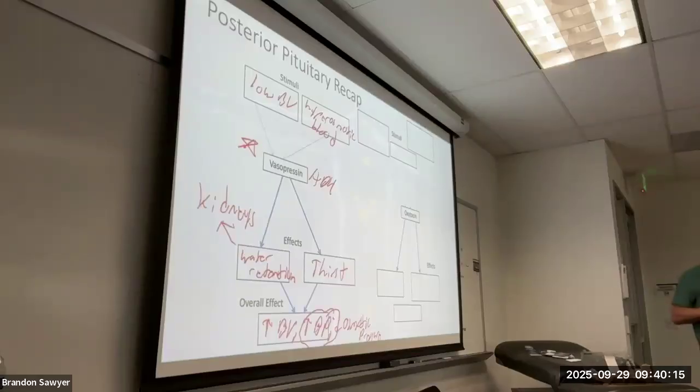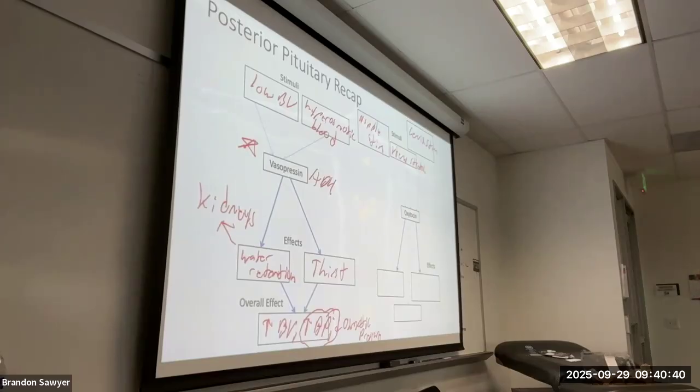Okay, so when we talk about oxytocin, we've got three primary stimuli. Nipple stimulation, stretch of the uterus, and stimulation of the cervix.